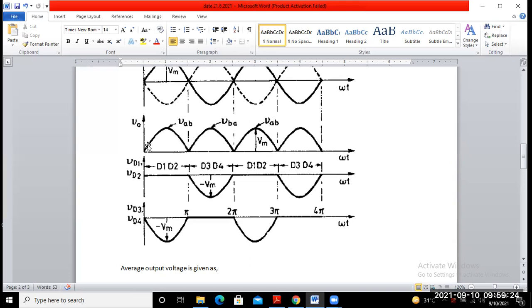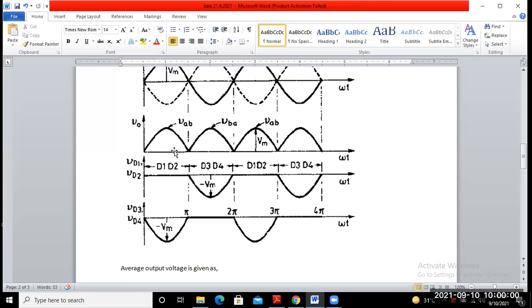Compare this with the half wave: in one complete cycle, you get output voltage only for the half cycle, up to this point, and from this point to this point you get zero. Here the output voltage waveform is obtained for the complete cycle. That's why it is called the full wave rectifier.